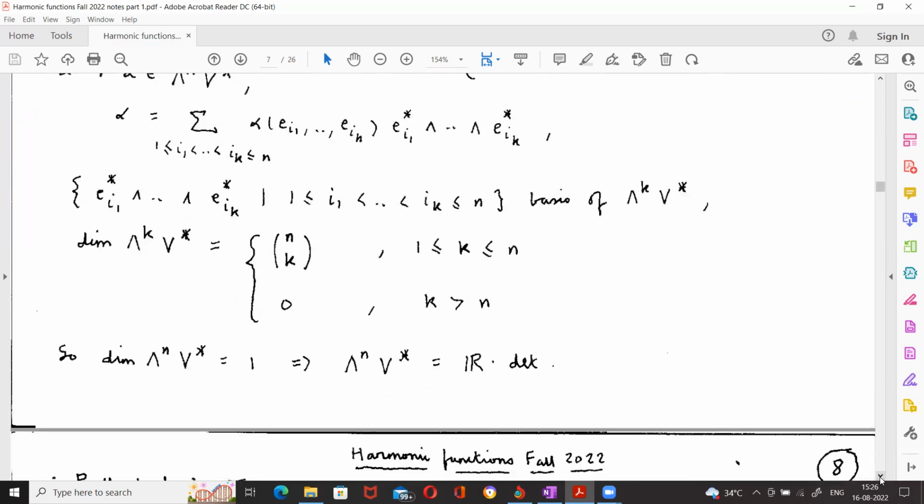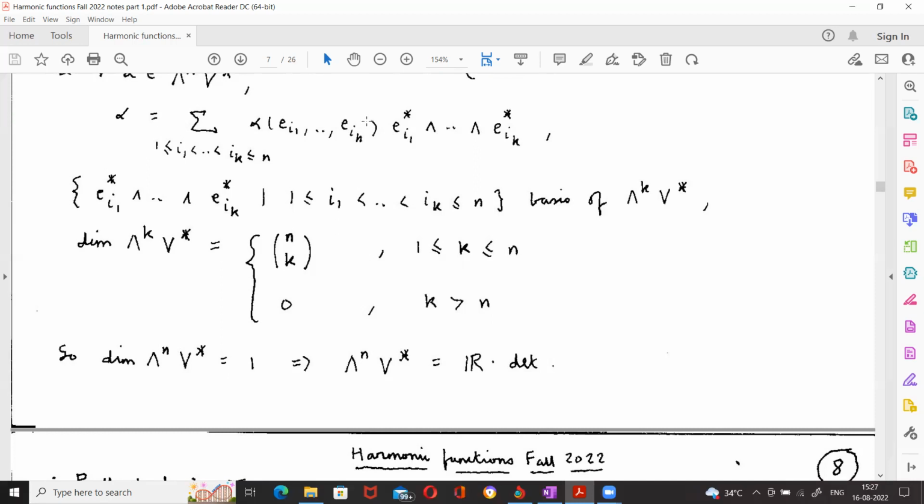That means that these e_i1 star wedge e_ik star, where i1 to ik are strictly increasing between 1 and n, will be a basis of wedge k V star. Well, I mean, it spans. This is telling you that it spans.